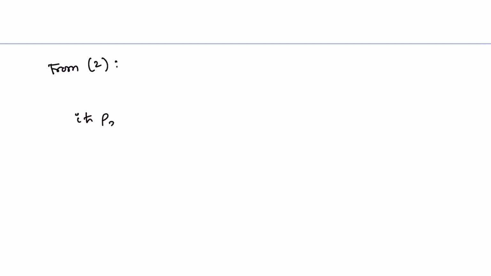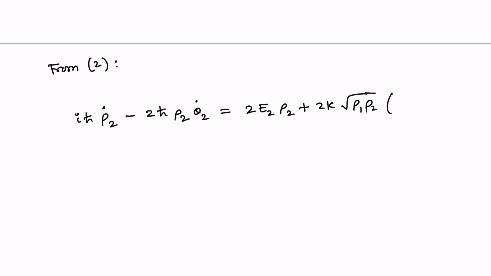You will get i h bar rho 2 dot minus twice h bar rho 2 theta 2 dot is equal to twice E2 rho 2 plus 2k square root of rho 1 rho 2, and this time you will get e to the power minus i delta, so you can write cos delta minus i sine delta.